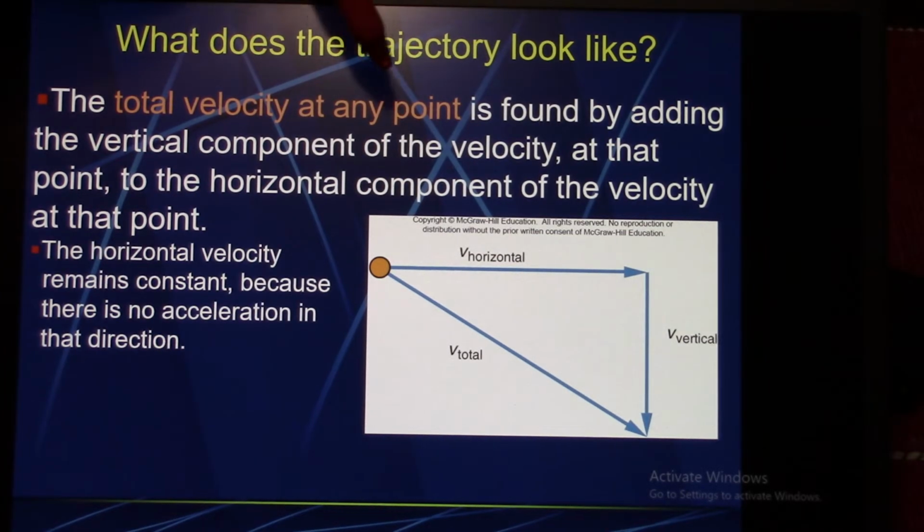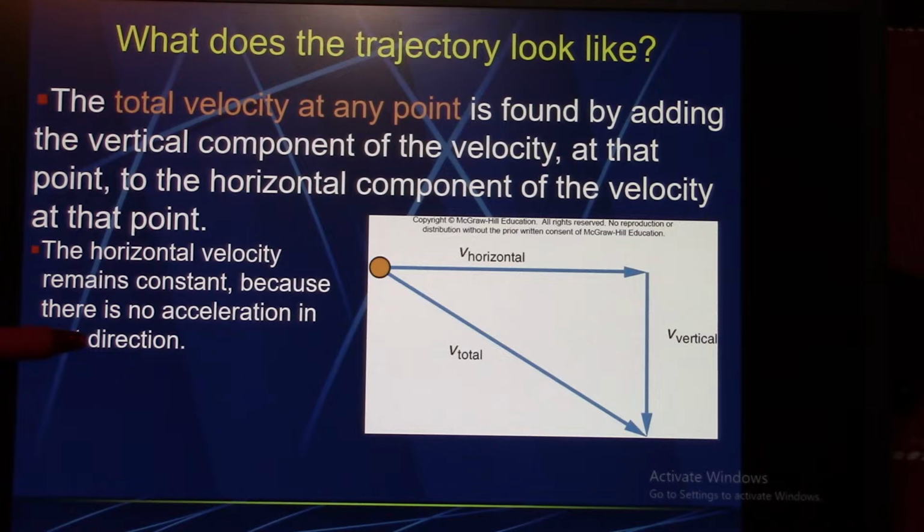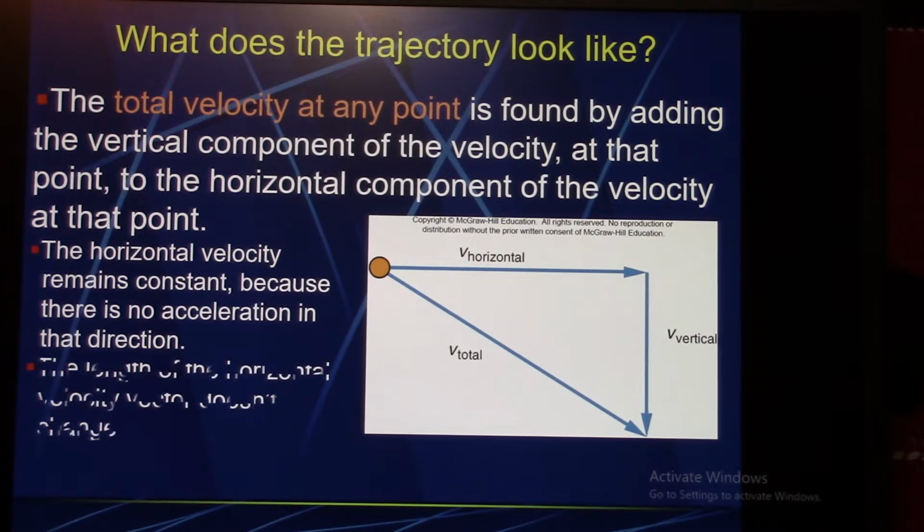The total velocity at any point is found by adding the vertical component of the velocity at that point to the horizontal component at that point. The horizontal velocity remains constant throughout because there was no acceleration in that direction.